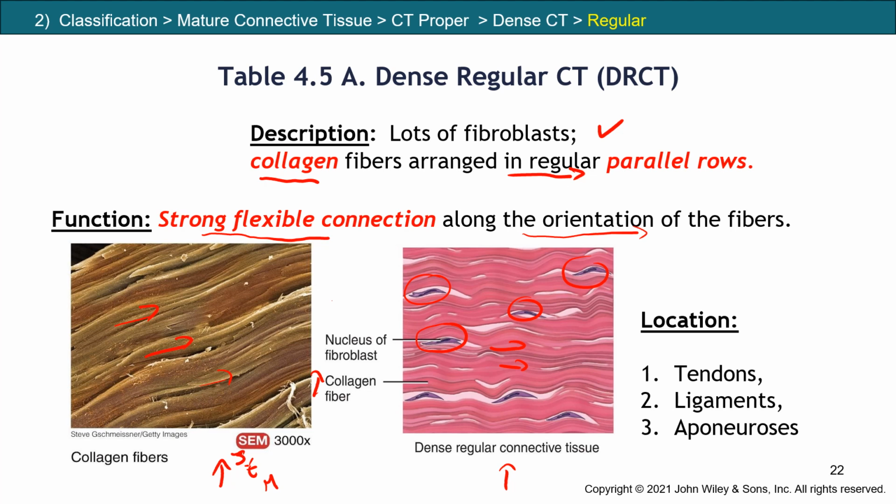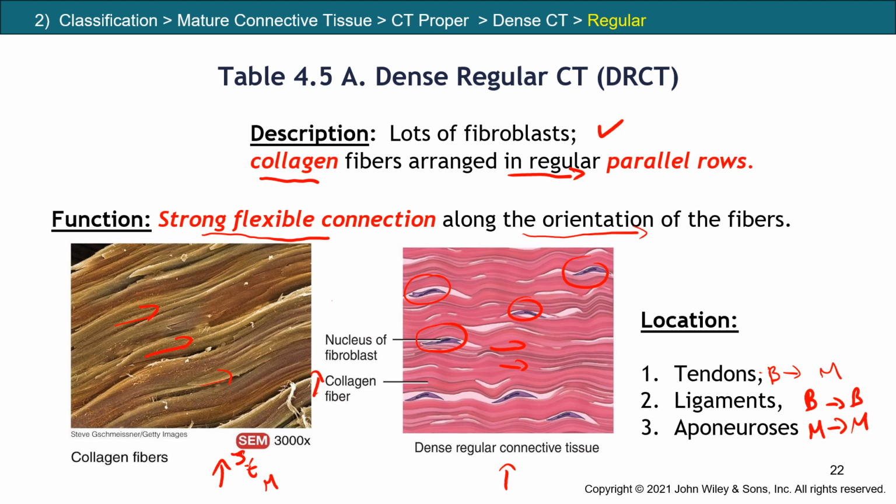In the tendons, that connect bones and muscles. In the ligaments, that connect bones to bones. And finally, the aponeuroses, that make connections of muscle to muscle.